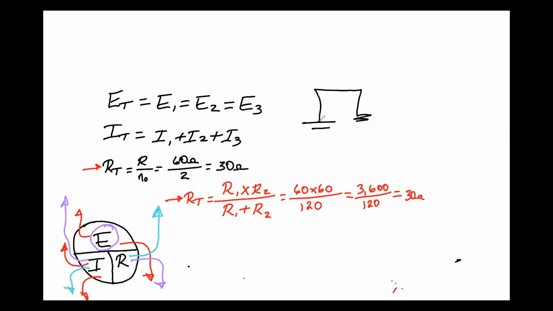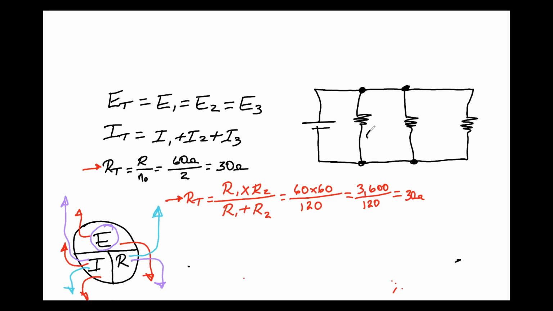Let's say I'm going to give you three resistors, and let's say this one is 60, this one is 30, and this one is 20. In this case, we use the reciprocal, which is the inverse of the sum of all the resistors, and that is going to be equal to RT, the total resistance.